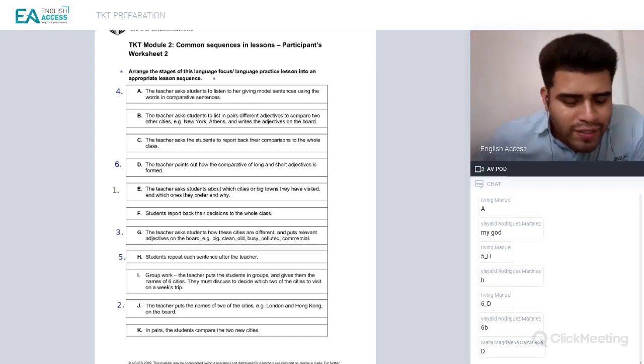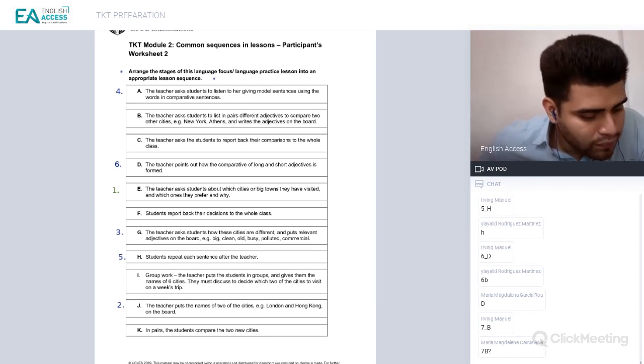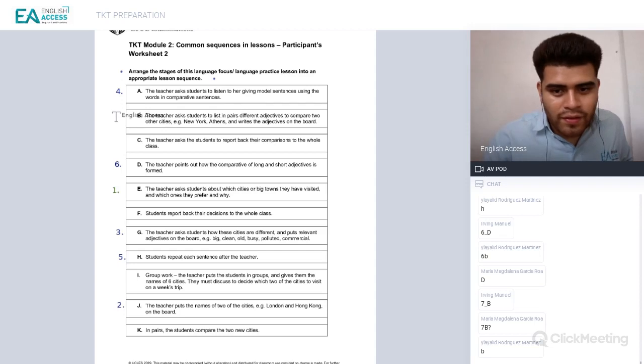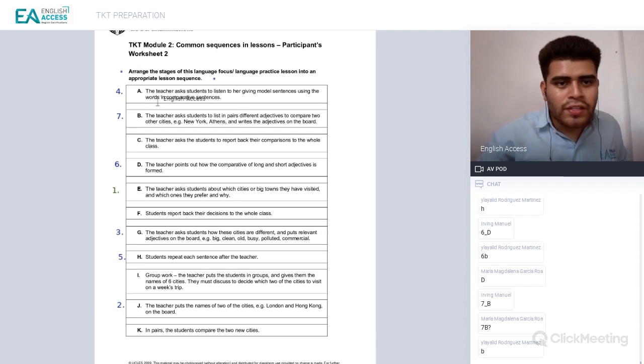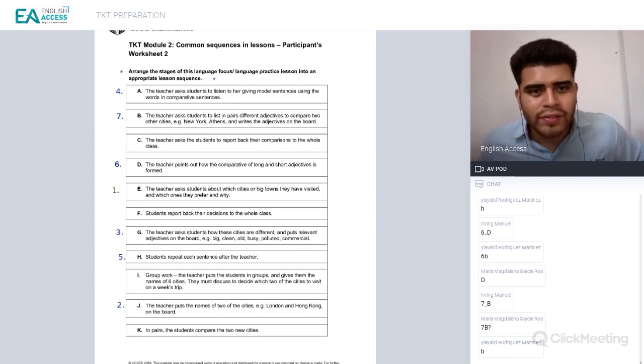What is number 7? Seven is B. Very good. The teacher asks students to list in pairs different adjectives to compare to other cities. Very good.